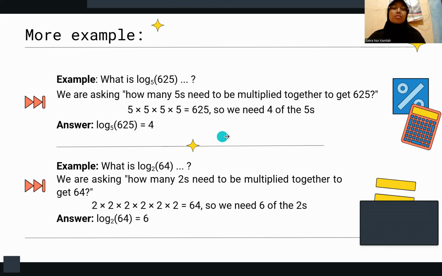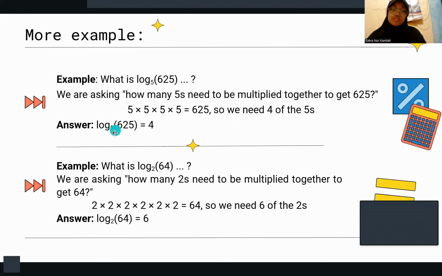So we need 4, because 5 times 5 times 5 times 5 equals 625. So we need 4 of the 5s.